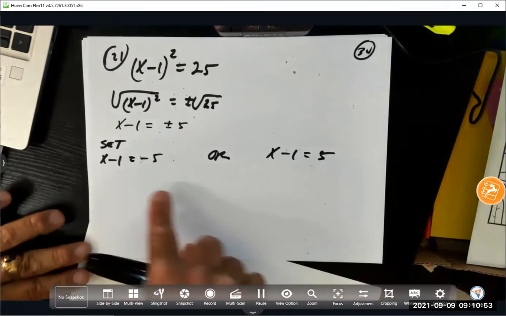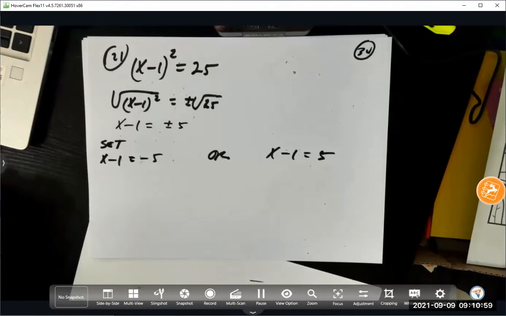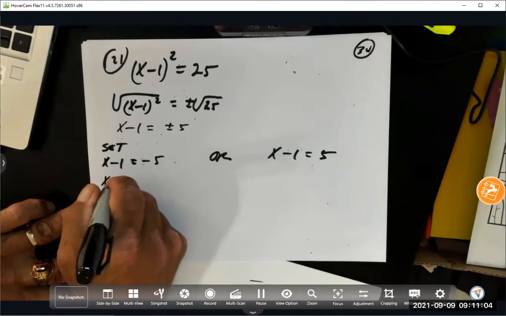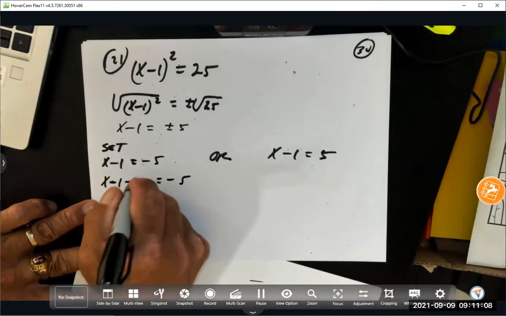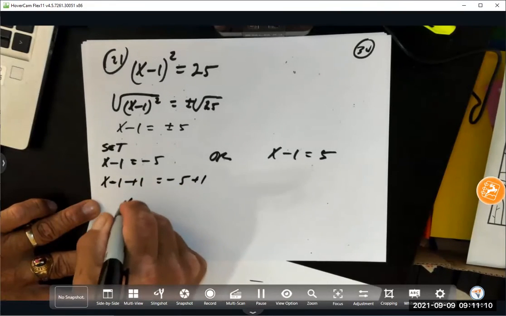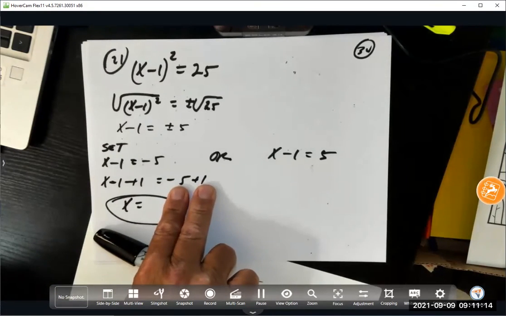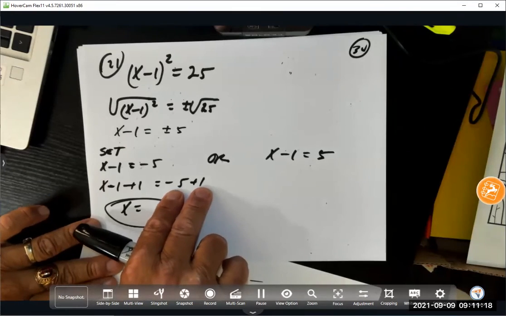How do you solve this one? Tell me. Add 1 to both sides? Yep, add 1. So x is, what's that? -4?